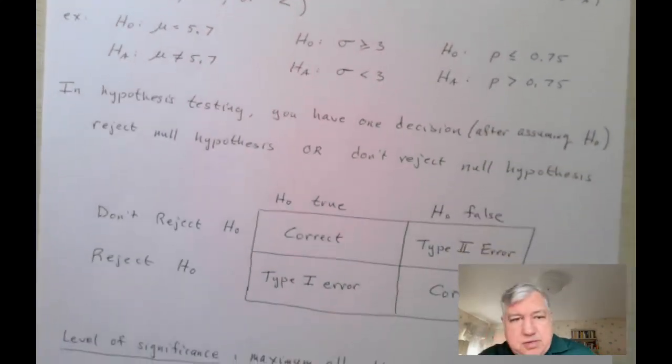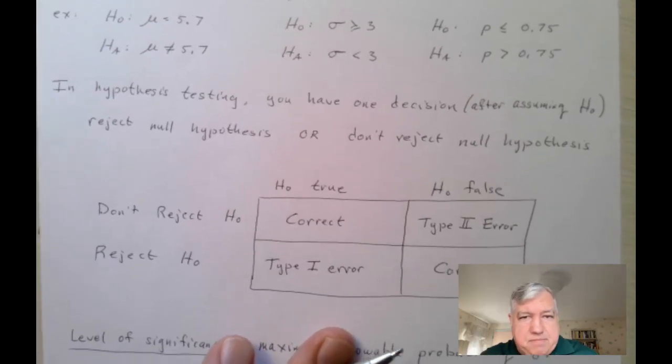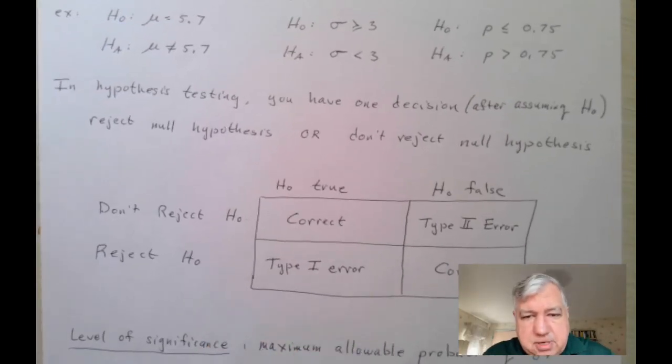And so, as I said, in hypothesis testing, you have one decision, and one decision only. If you're assuming that the null hypothesis is true, and then after you do your sample and you evaluate all the numbers, you're either going to reject the null hypothesis or you're not going to reject the null hypothesis. Okay.